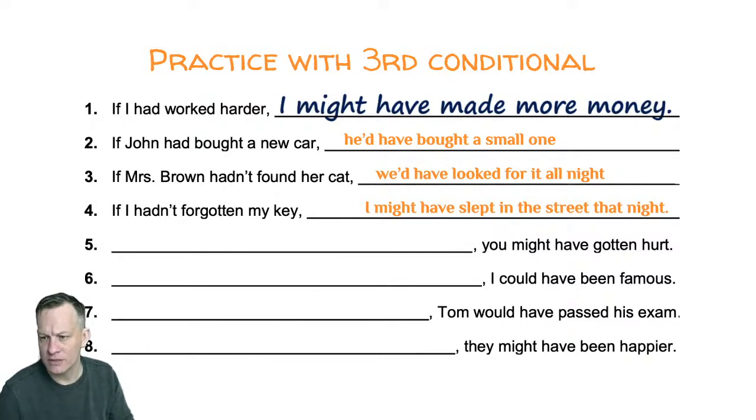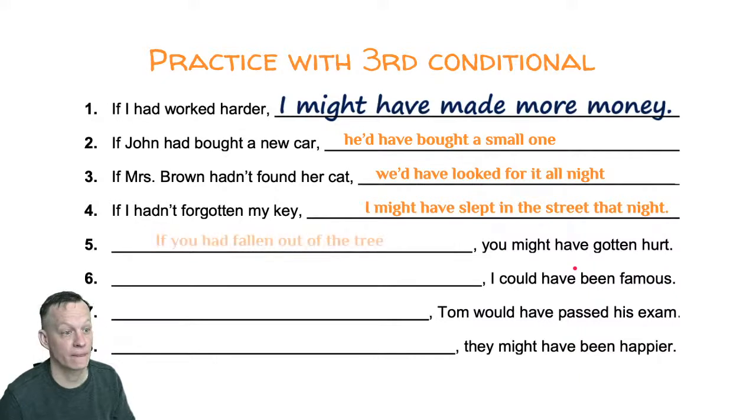So Irene jumped to 7, Marta jumped to 7, Isabel jumped to 8, and everybody skipped 5 and 6, apparently. Oh, no, 5. Isabel answered 5. If you hadn't had your helmet with you, you might have gotten hurt.